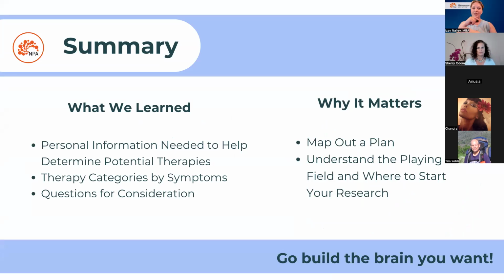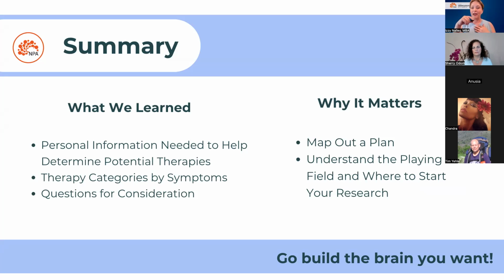All right, so just summarizing here: look at your data, your personal information, your testing, all of the information that you've gathered so far, making sure that it's up to date, and look at those therapy categories and the access to them. Note what questions you have as you look at these things. If we are not able to answer them, they're great questions to take to your doctor.